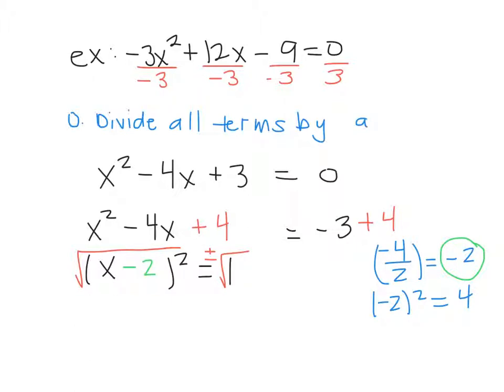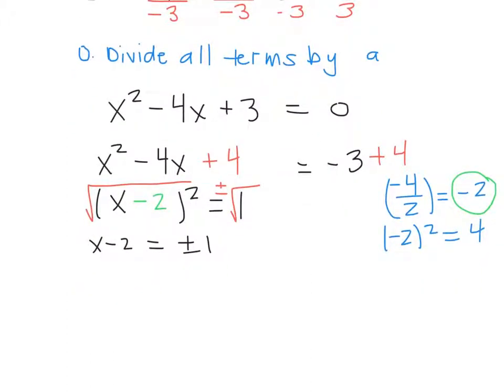So that gets us x minus 2 equals plus or minus square root 1, which is just 1. And then to get x by itself, we add 2 to both sides. x equals 2 plus or minus 1. So we can actually write down what those numbers are. 2 plus 1 is 3. 2 minus 1, we get 1.